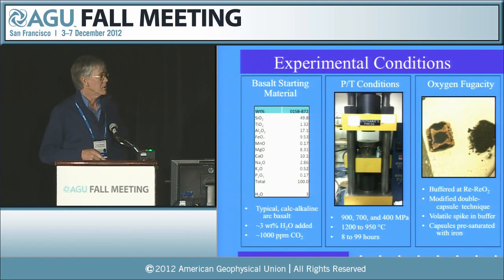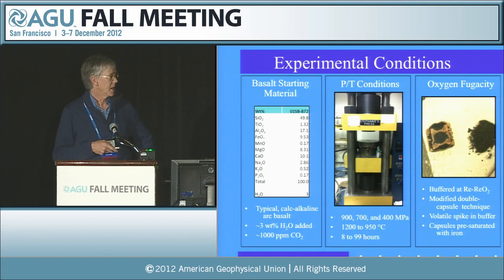So we did a series of piston cylinder experiments. We used a basalt that's typical of the basalts that are near Mount Rainier. It's relatively high magnesium. It's not as magnesian as what you may find elsewhere, but this is typical of the kinds of arc basalts that erupt around Mount Rainier, which is where I'm paid to work.